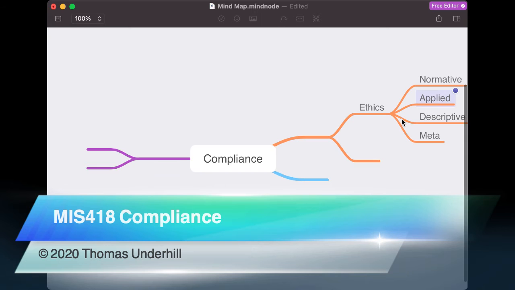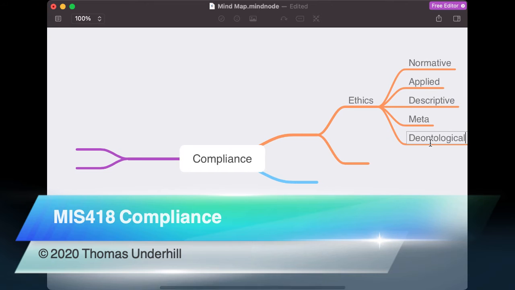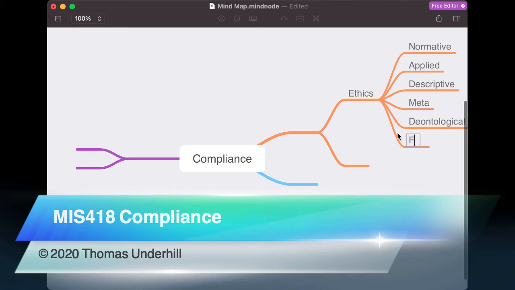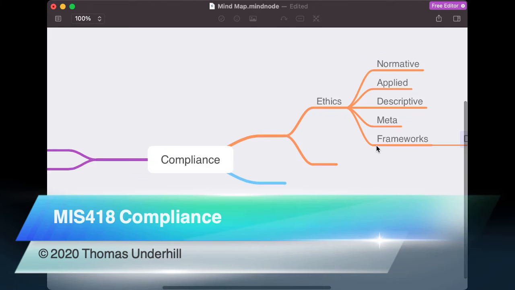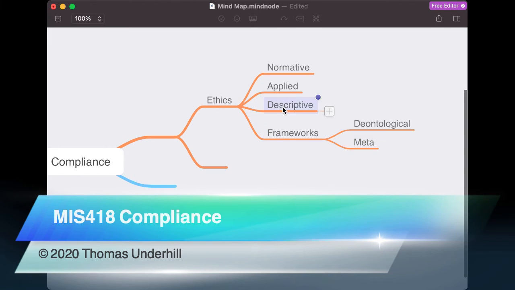And then the last one is deontological. All right, so let's go ahead and add a new category here for frameworks. And these are the 5 frameworks. We can put these underneath the frameworks.